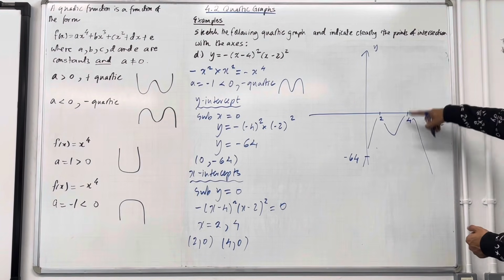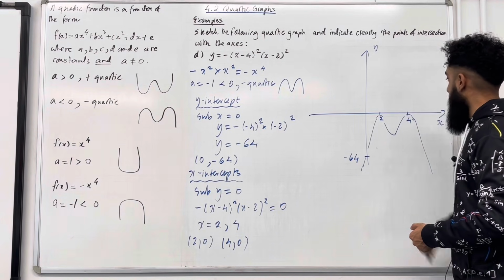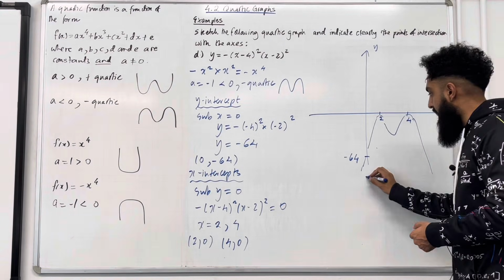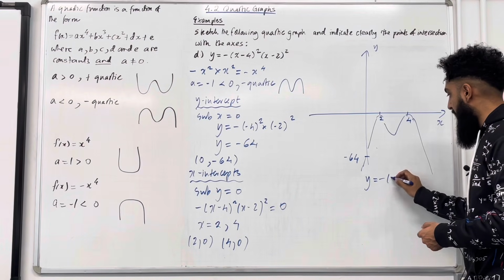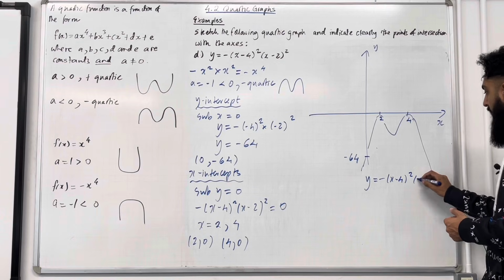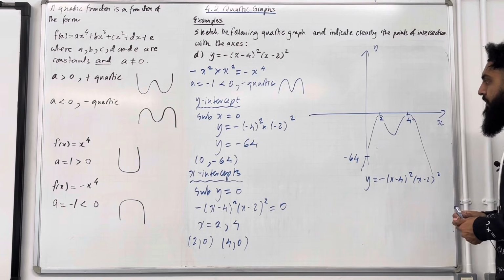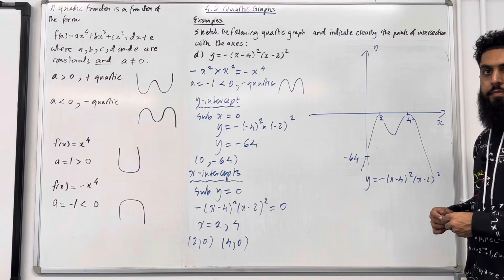Okay, so M shape. And this here is my graph, y equal minus, in bracket, x minus 4 whole squared, in bracket, x minus 2 whole squared. And that there completes part D of the question.